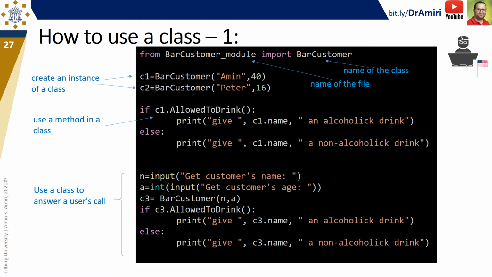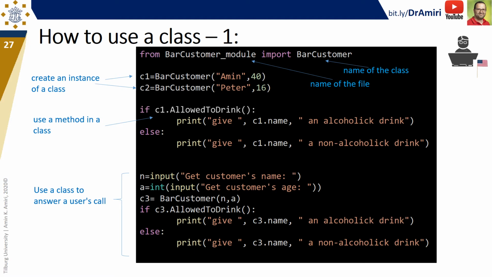So that means that the program needs to print give C1.name, the name of C1 is Amin, give Amin an alcoholic drink. Otherwise, if we use C2 here instead of C1, the allowed_to_drink will have access to the age of C2 this time, which is 16. It compares 16 with 18.